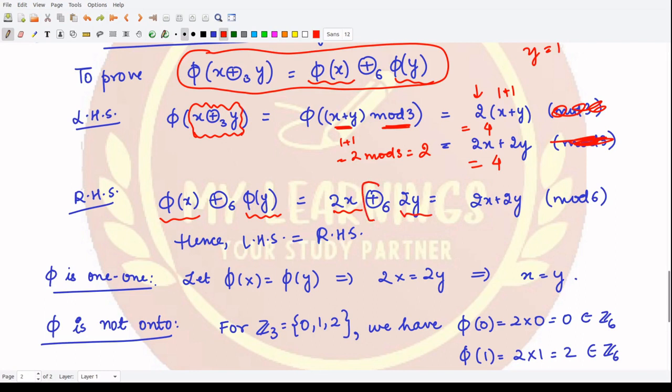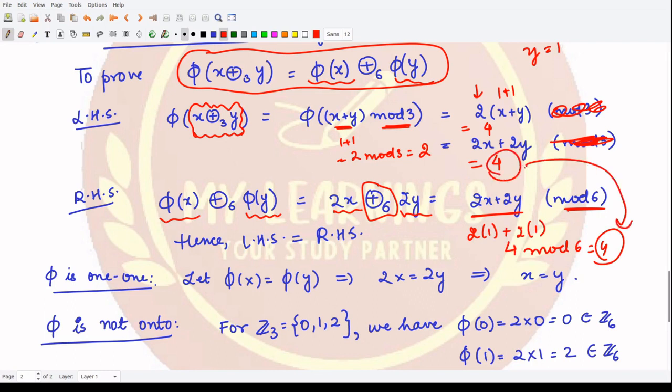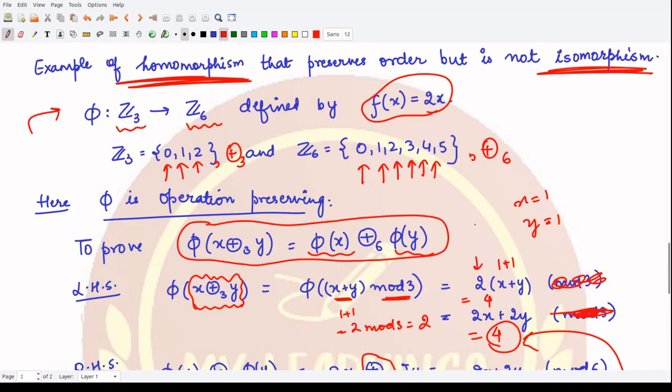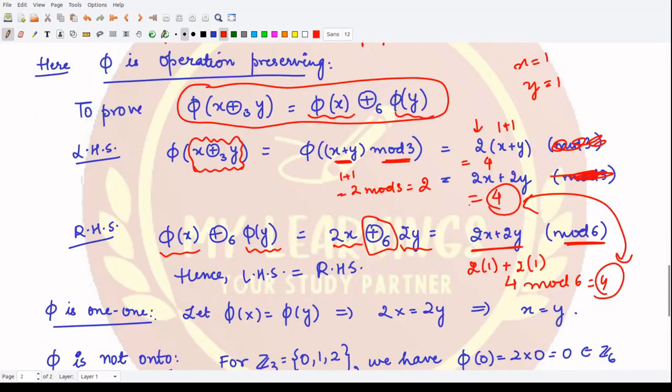When you apply addition modulo 6 onto 2x and 2y, you have 2x plus 2y mod 6. Now the value of x is 1 and the value of y is 1. When you solve it, you have 4, and 4 mod 6 is equal to 4. So the left hand side and the right hand side are equal to each other. Hence the mapping phi is operation preserving.